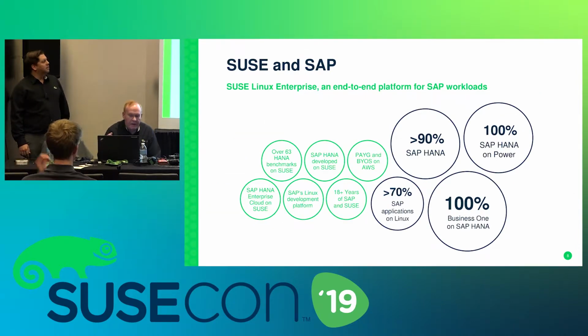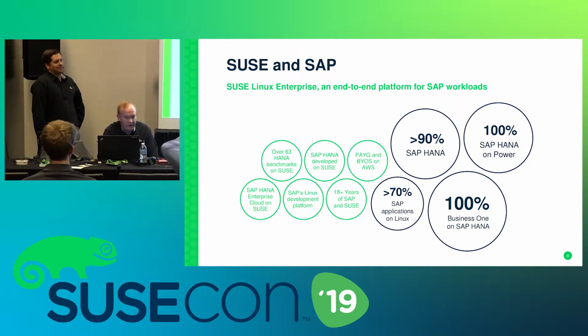As you can see on this slide, 90% of the deployments of SAP HANA are on our product, SLES for SAP. 100% of the installations on Power are using SLES for SAP. 70% of the SAP applications on Linux use our Linux, and 100% of Business One. Why is that? SAP uses SLES to develop on.